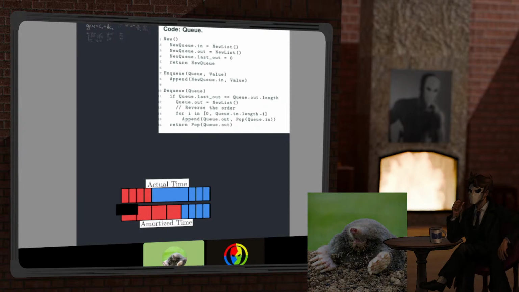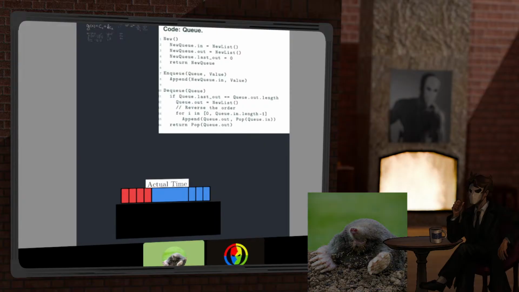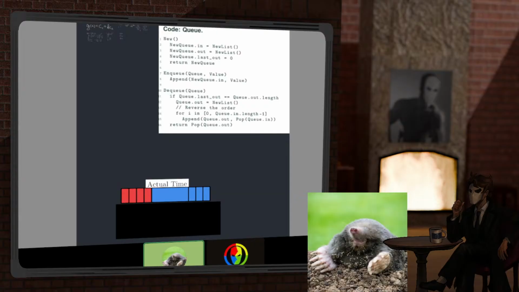For now, let's ignore this. But here is a little graph of the time our algorithms take to input and output values.